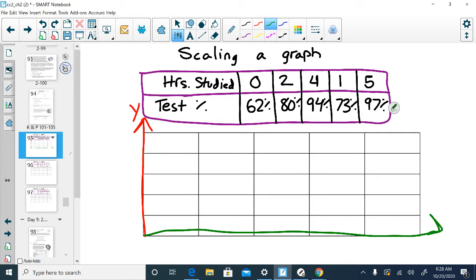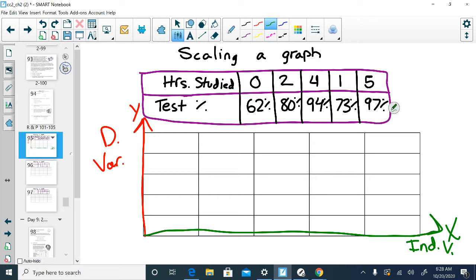We have to figure out between hours studied and test percentage which would be our y-axis and which would be our x. Our y is going to be our dependent variable, and our x is going to be our independent variable.